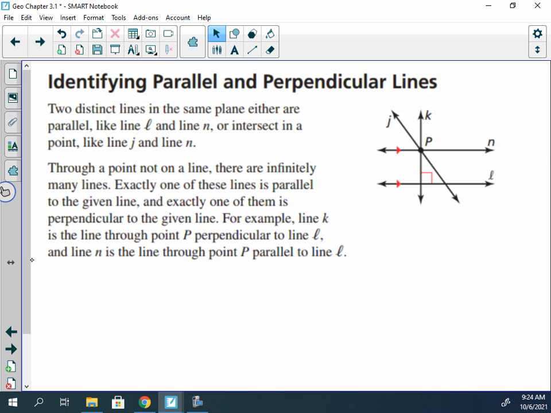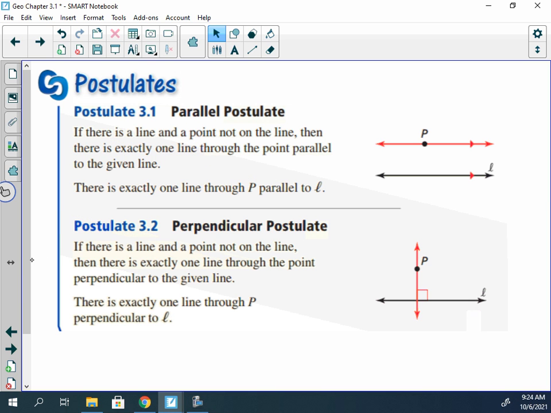For example, line K is the line through point P perpendicular to line L, and line N is the line through point P that is parallel. So our parallel postulate and our perpendicular postulate, because this is right there.